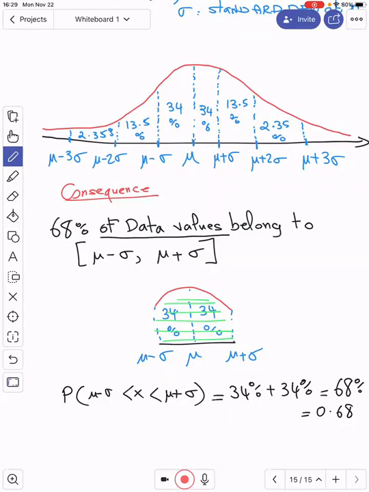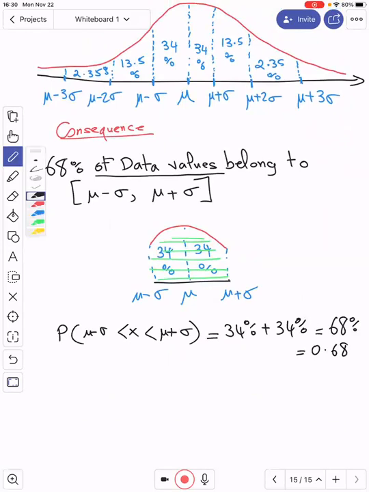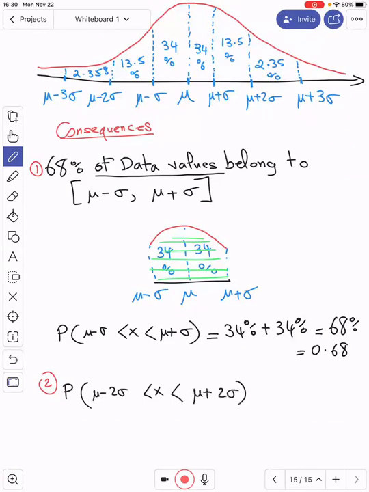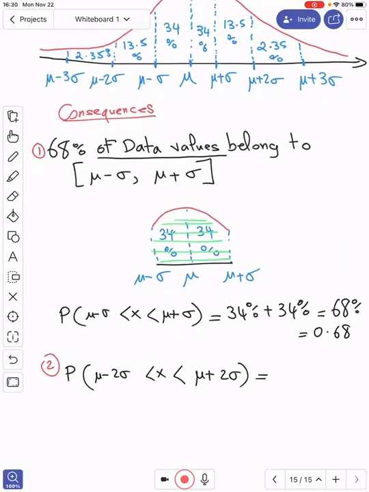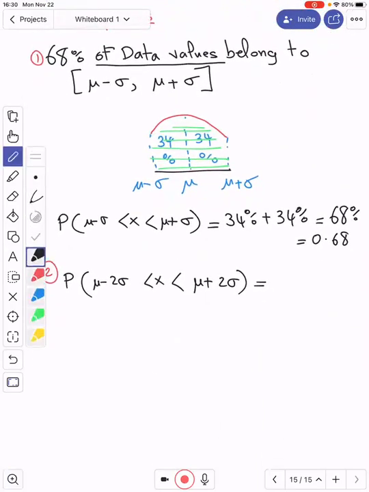And you can do the same with other intervals. Here we have a lot of consequences actually. This is the first consequence. Another consequence is, what will be the probability that x is between mu minus 2 sigma and mu plus 2 sigma? I'm going to graph again so you can see it. Here's my graph.